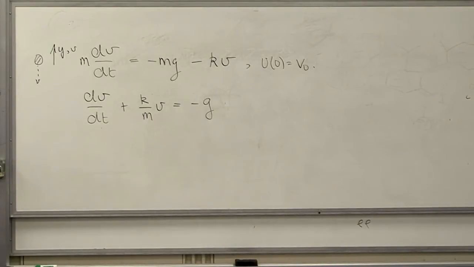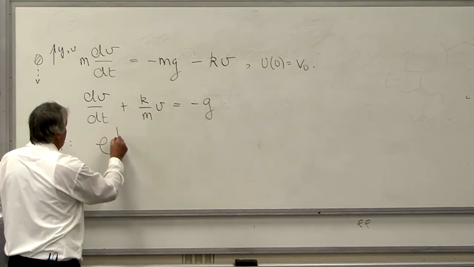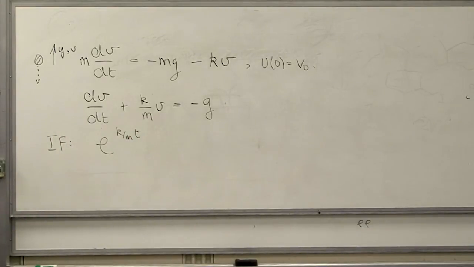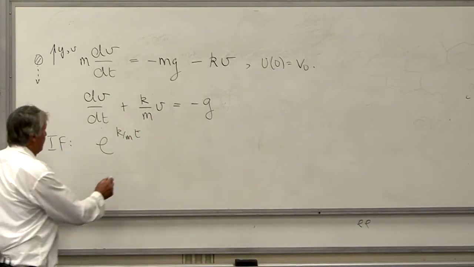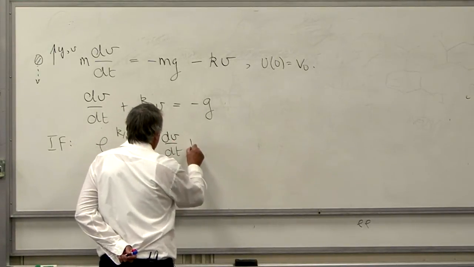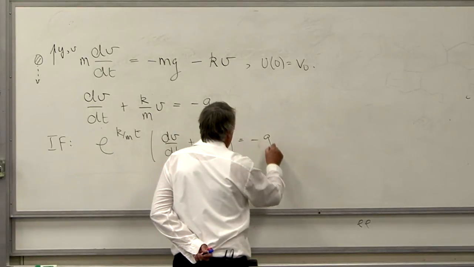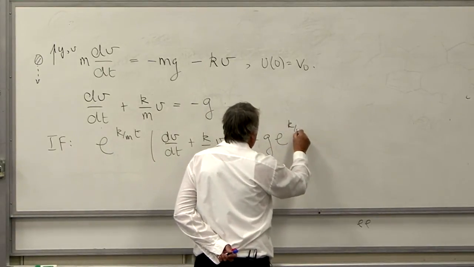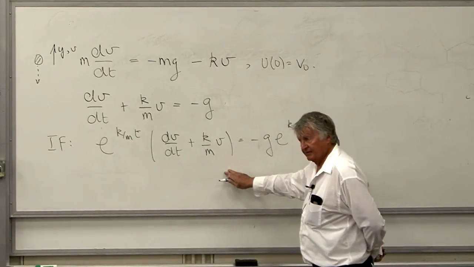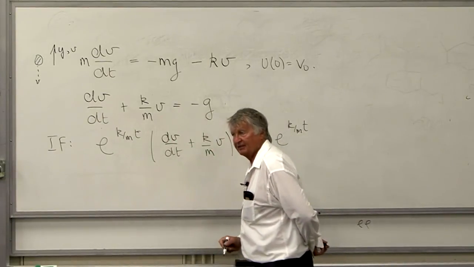Integrating factor. The integrating factor is e to the k over m t. Multiply across by the integrating factor. This becomes a perfect derivative, d by dt of v times e to the k over m t.